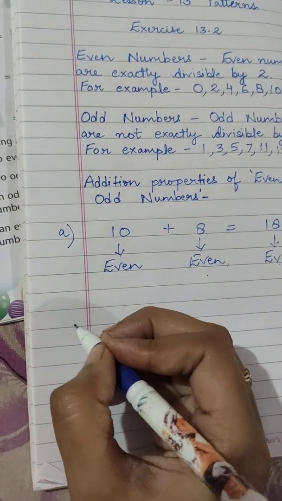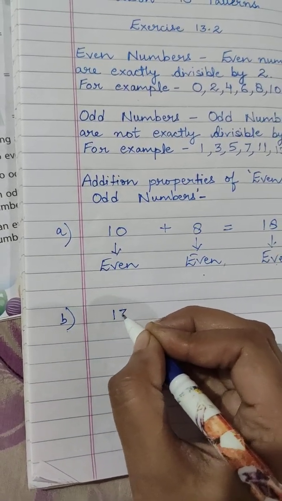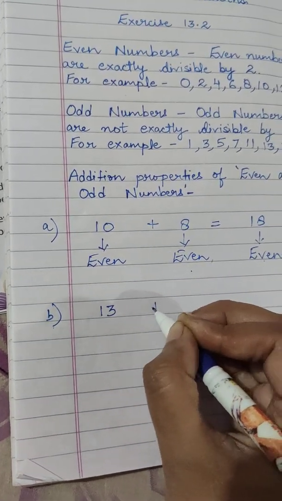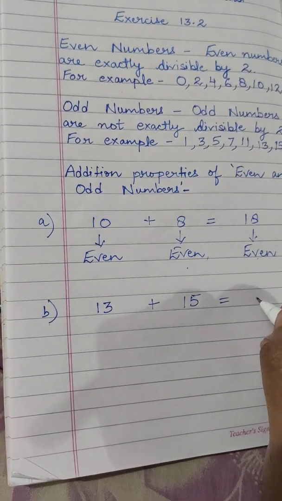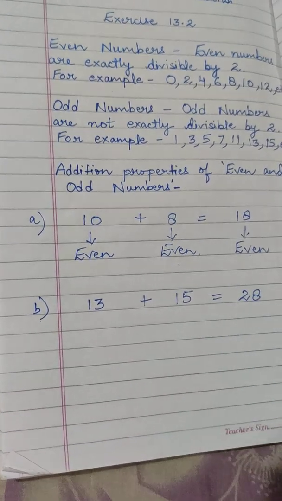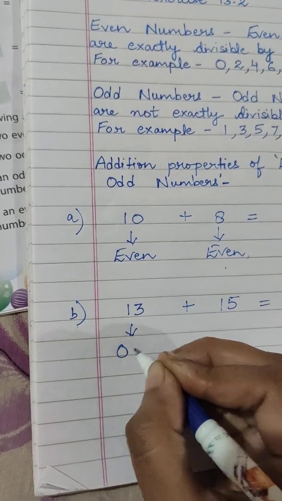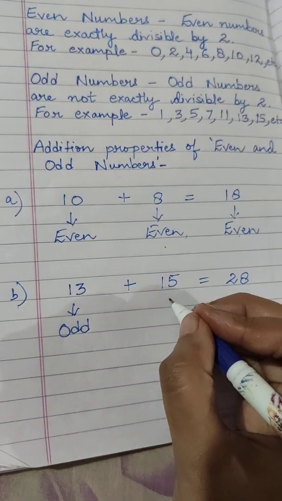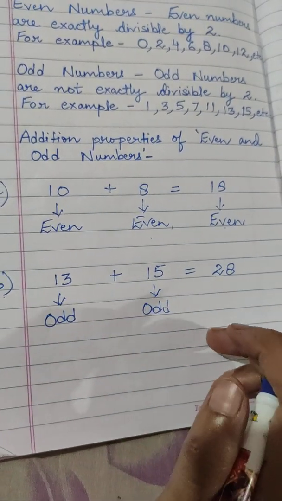Now the second one says, suppose we take 13 plus 15 is equal to 28. Now 13 is an odd number, 15 is again an odd number. Why are they odd numbers?